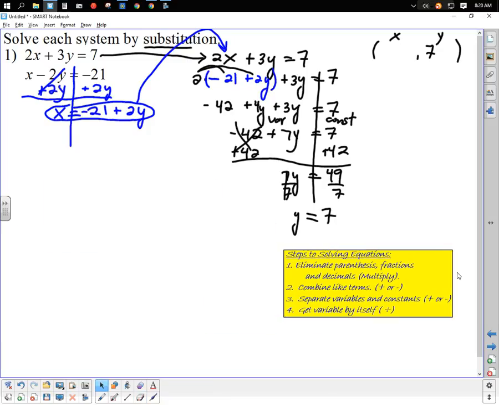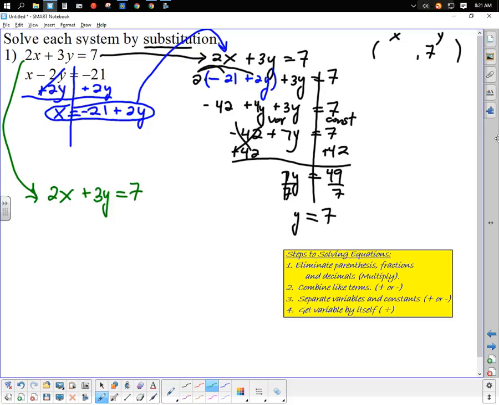Pick an equation, doesn't matter, top or bottom equation. I'm going to pick the top equation, so I'm going to write right here. So what we have is 2x plus 3y is equal to 7.